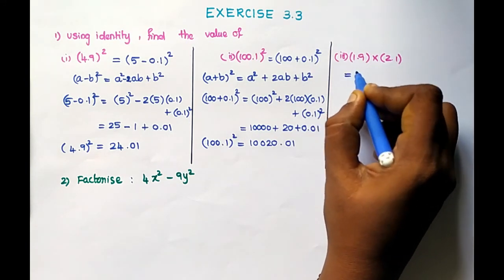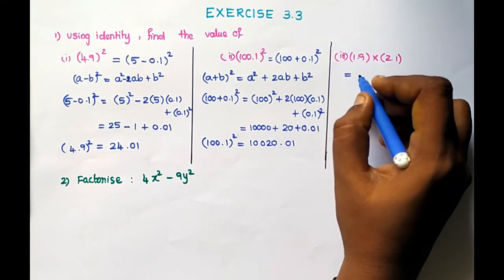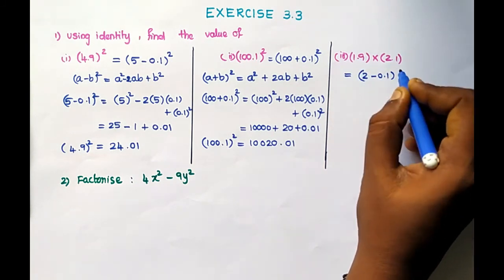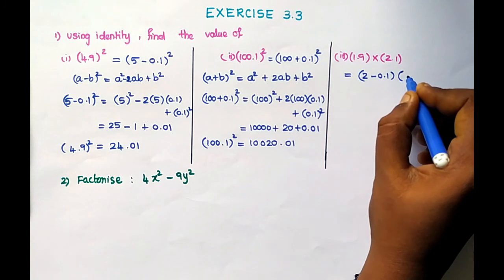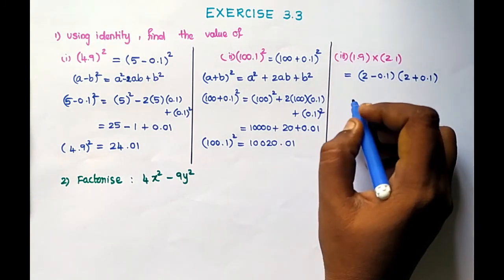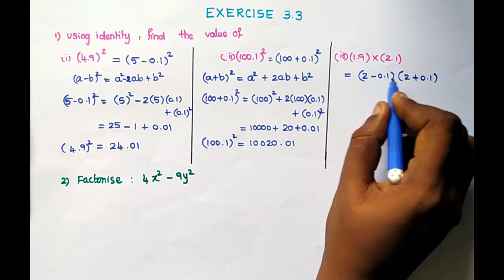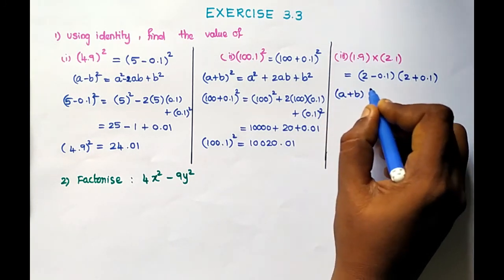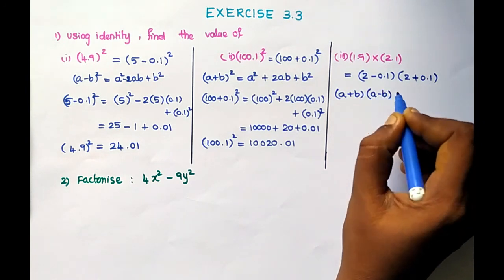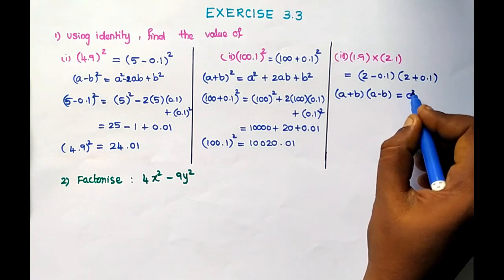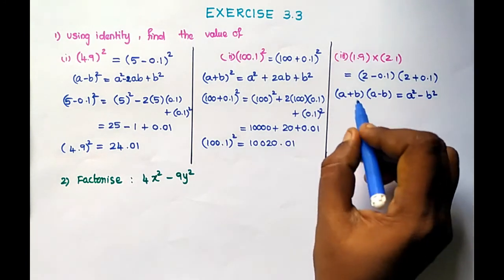Next one, 1.9 into 2.1. How will you write that? 1.9 is 2 minus 0.1, and 2.1 is 2 plus 0.1. Now it is in the format a plus b into a minus b, which is a squared minus b squared.